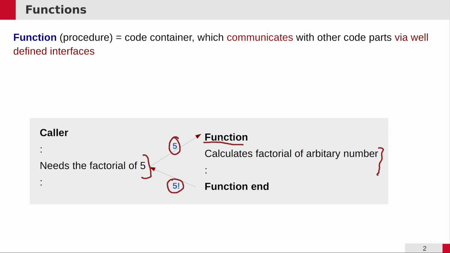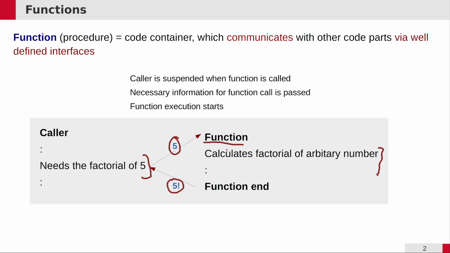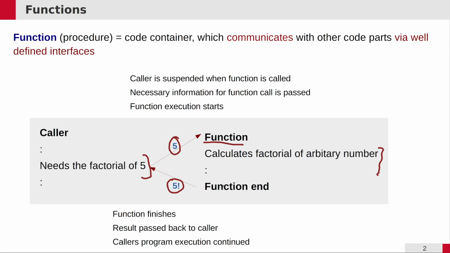While this function is executed, the main code just stops. The code execution of the function starts, and when it has ended, it returns to the main code, and the main code can continue operations. So that was the basic definition of the function.